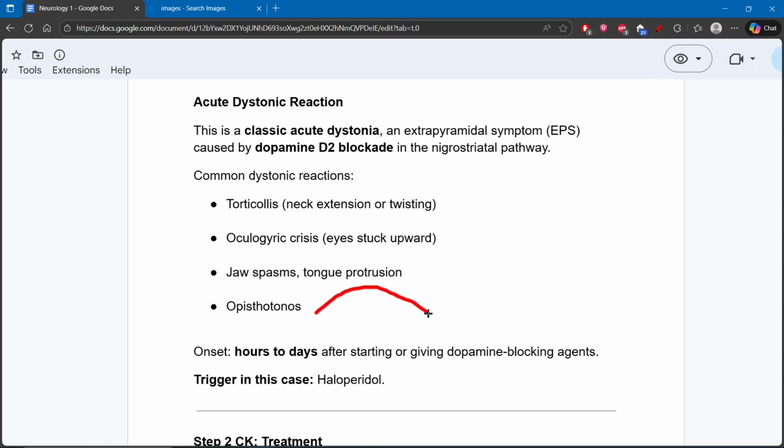So the patient is like this, right? This is the head, this is the feet, these are the hands. He's hyperextending the back. The onset is from hours to days after starting or giving dopamine blocking agents. In this case, it's haloperidol.